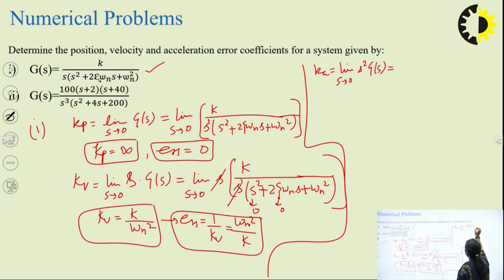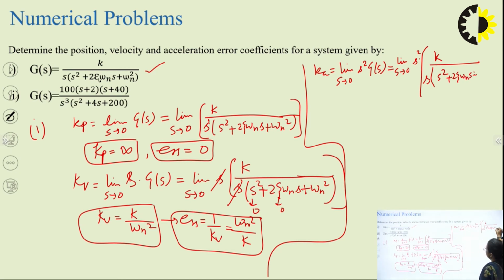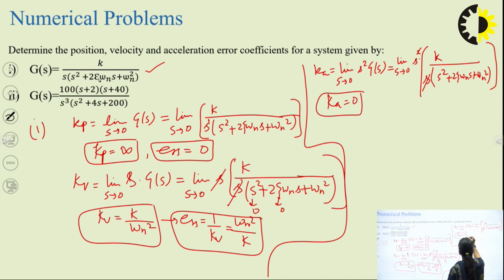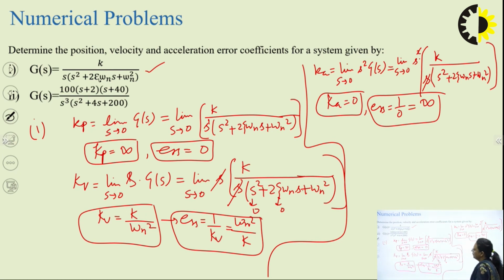When you put the value of G(s) in this equation, that is limit s tends to 0 of s square into k upon s into (s square plus 2 zeta omega n s plus omega n square), you can cancel only one power of s, so Ka will become 0, and correspondingly the steady state error will become 1 upon 0, which is infinite. Similarly, the second part can be solved. You can solve the second part by yourself.